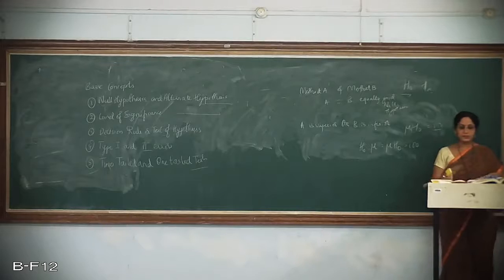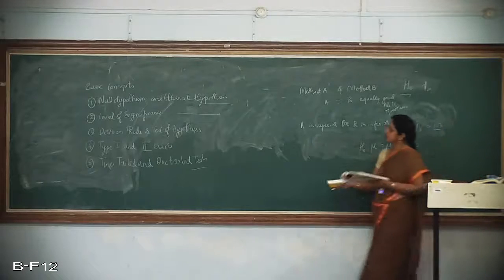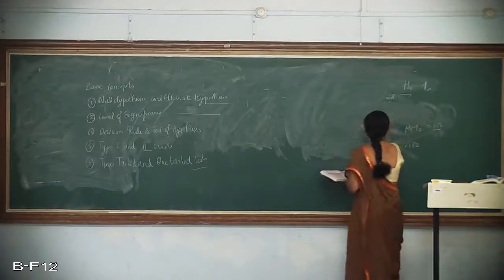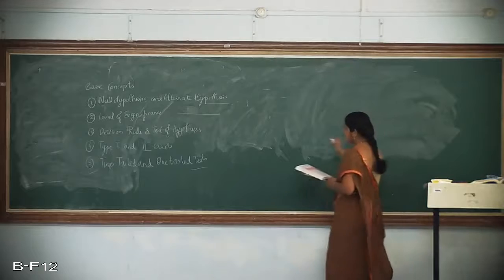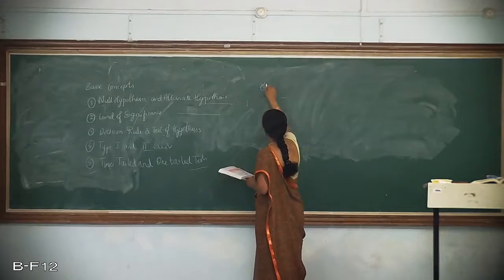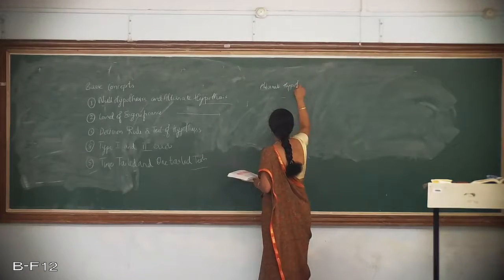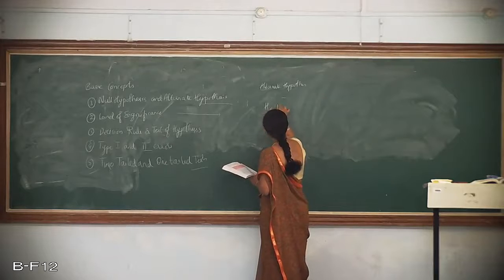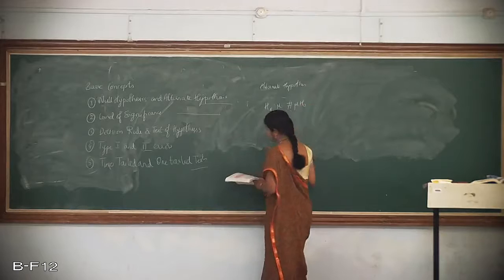Thus, we may consider the following three possible alternate hypotheses, and they have to be read in this format only. First, HA: mu is not equal to mu H0.